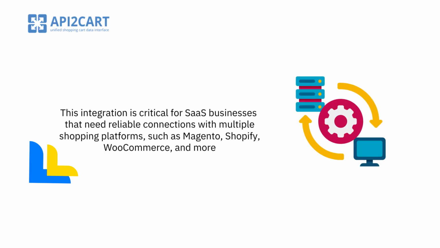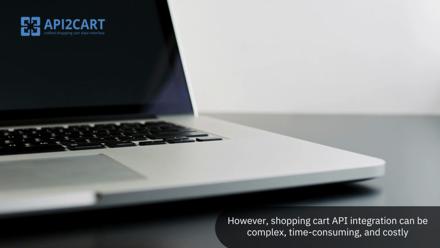This integration is critical for SaaS businesses that need reliable connections with multiple shopping platforms such as Magento, Shopify, WooCommerce, and more. However, shopping cart API integration can be complex, time-consuming, and costly.